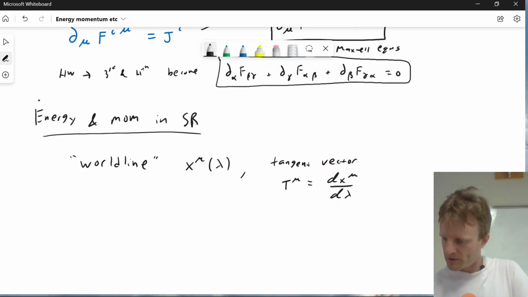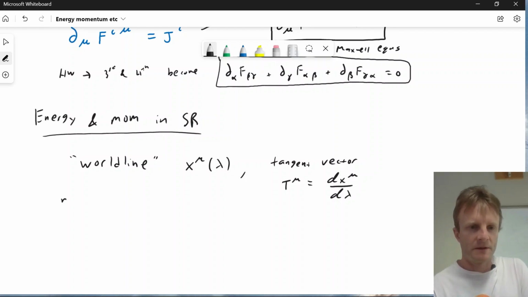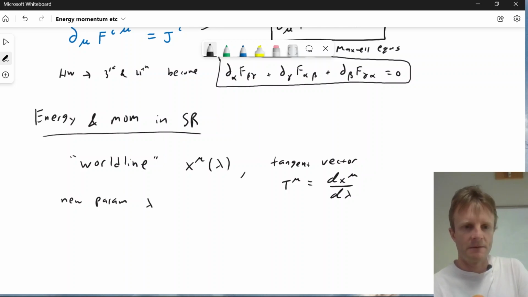So if you consider a new parameter, lambda prime, so lambda prime is some function of lambda, what happens? Well, we just have the chain rule.